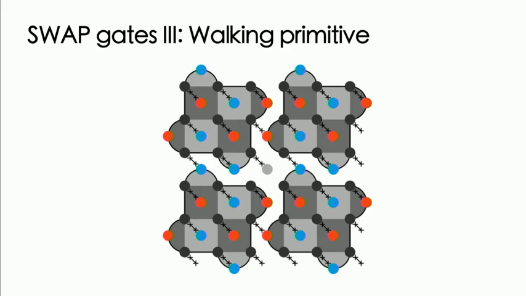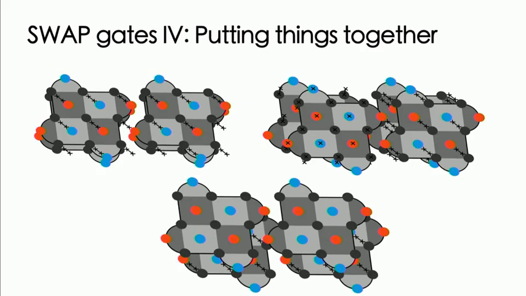So by allowing for this interplay between what functions as syndrome qubit and what functions as data qubit, we're able to perform these 2 primitives that we need, one between layers and one within a layer, in order to compose this global swap operation.